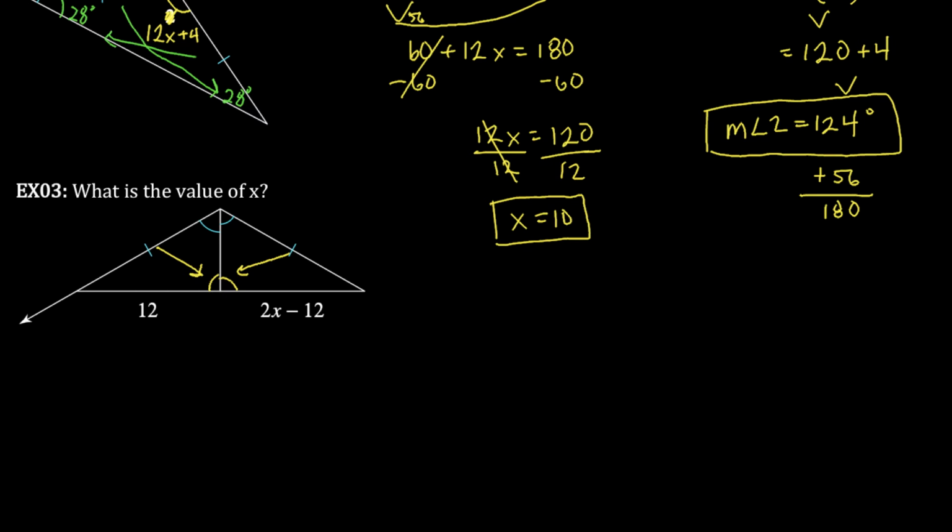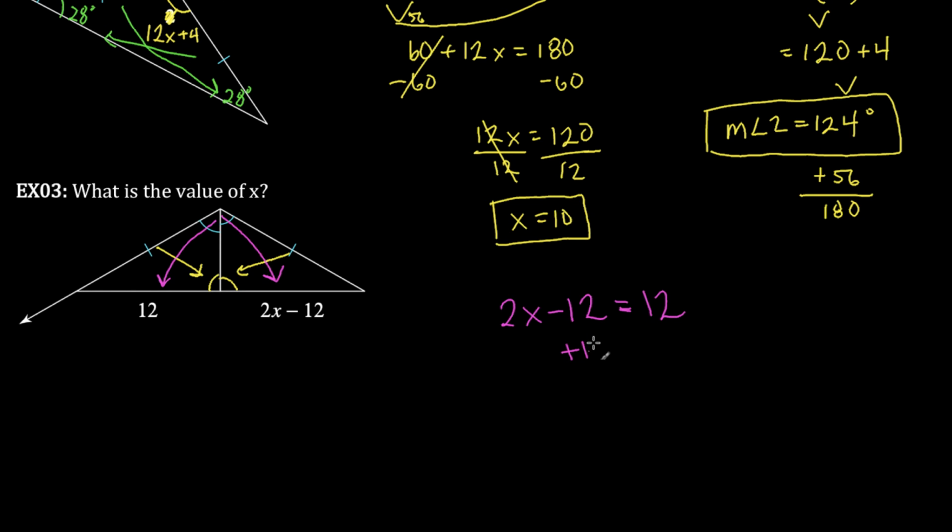So this side length, 2x minus 12, is congruent to this side length, which is just 12.